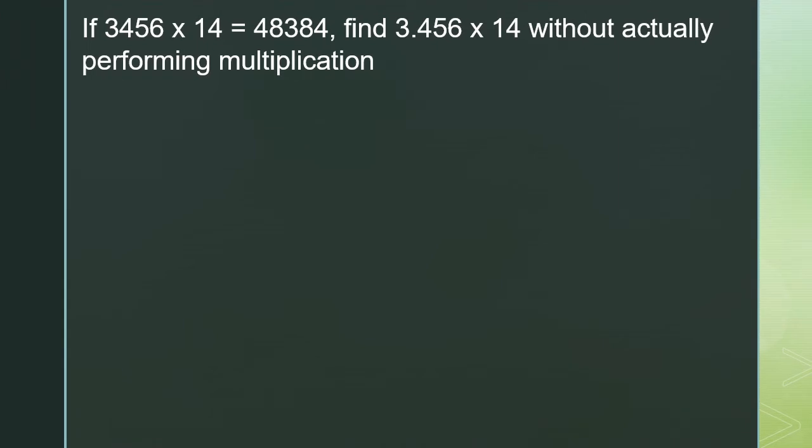The given question is, if 3456 into 14 is 48,384, find 3.456 into 14 without actually performing multiplication. So it is given to us that 3456 multiplied by 14 is 48,384.